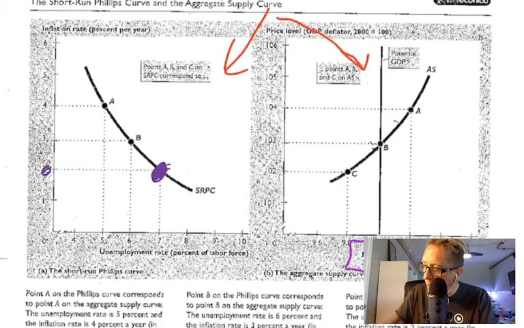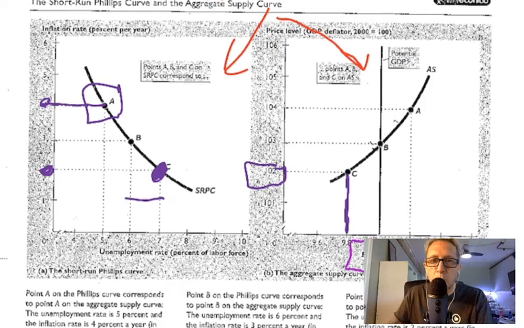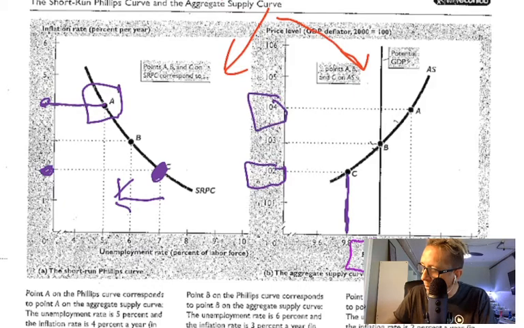You're over here, which is at a 102 price level, but you're also at a 9.8 GDP, so a little bit lower. If you were to rise up here to 4, you have increased inflation, you have decreased unemployment, more people working. You would also then be right here over here, so you would have a higher real GDP.